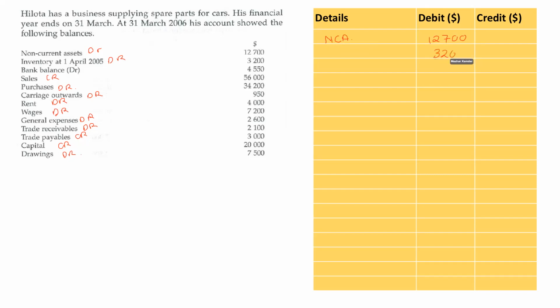Inventory, debit, bank balance, debit, sales is credit, purchases is debit, carriage outward is debit, rent 4,000 debit, wages 7,200 debit, general expenses 2,600 debit, trade receivables 2,100 debit, trade payables 3,000 credit, capital 20,000 credit, drawings 7,500 debit.